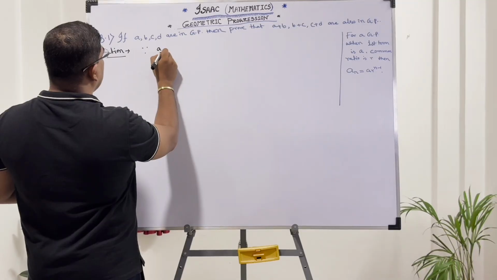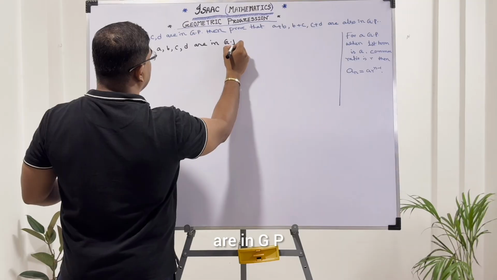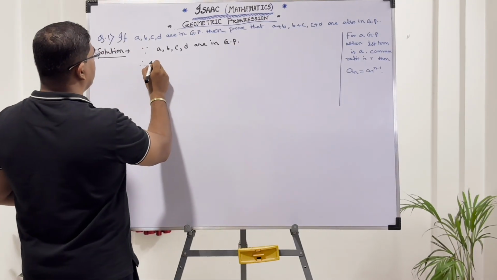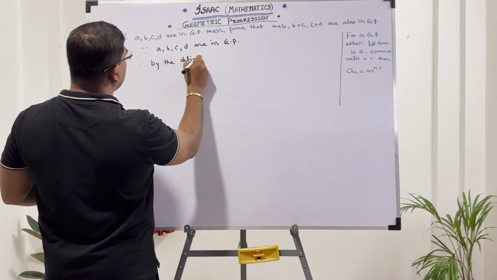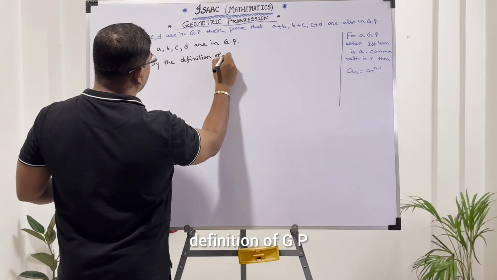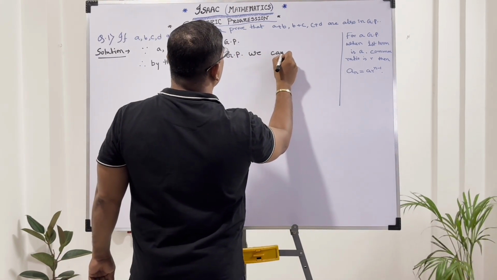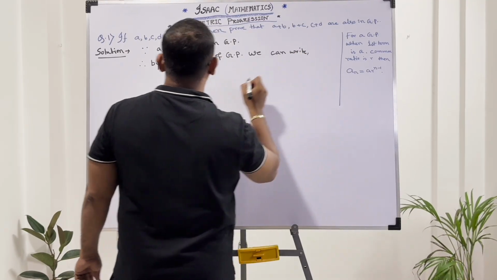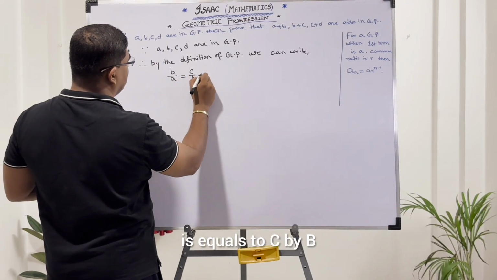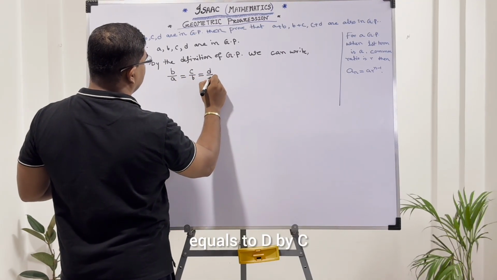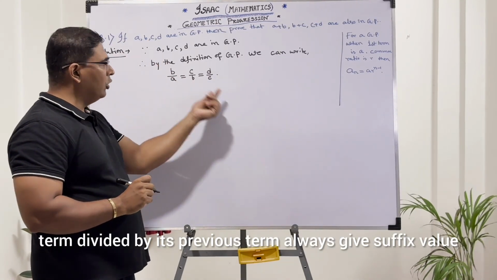Since A, B, C, D are in GP, therefore by the definition of GP, we can write B by A is equal to C by B equals to D by C. Any term divided by its previous term always gives a fixed value.